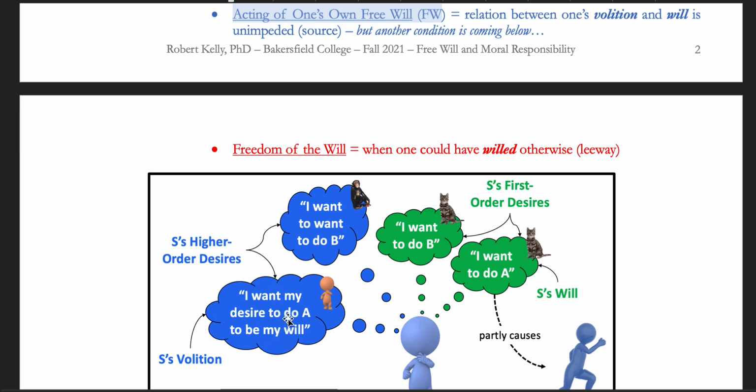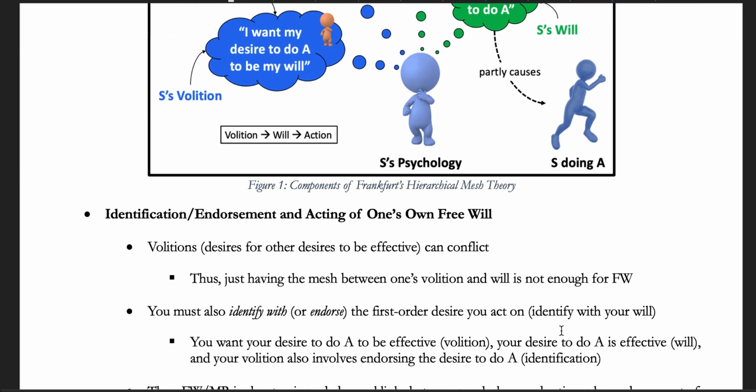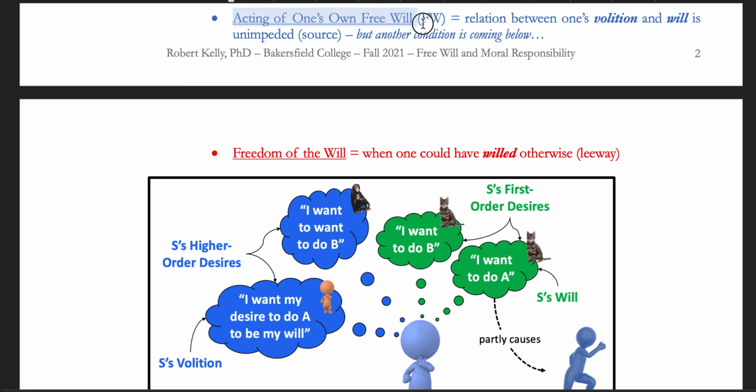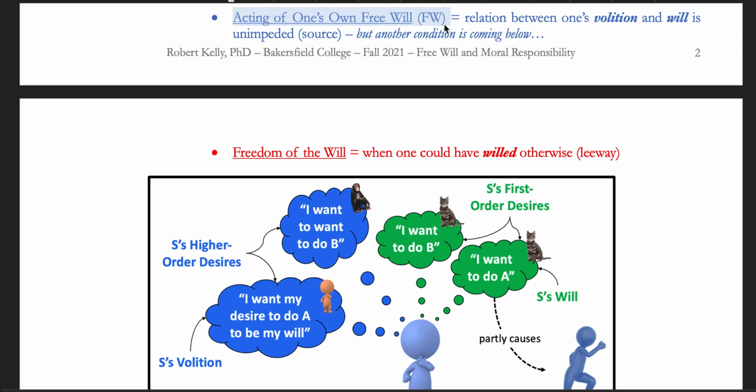So you form this higher order desire, targeted at, I want this desire to be effective. And when there's no nonsense going on, when there's no tinkering by neuroscientists, no weird stuff going on between your higher order desire, that's your volition, and your desire that's your will, and then it causes your action. When there are no impediments there, when there's no funny stuff going on, that's part of what it takes to act of your own free will, which is the core piece.